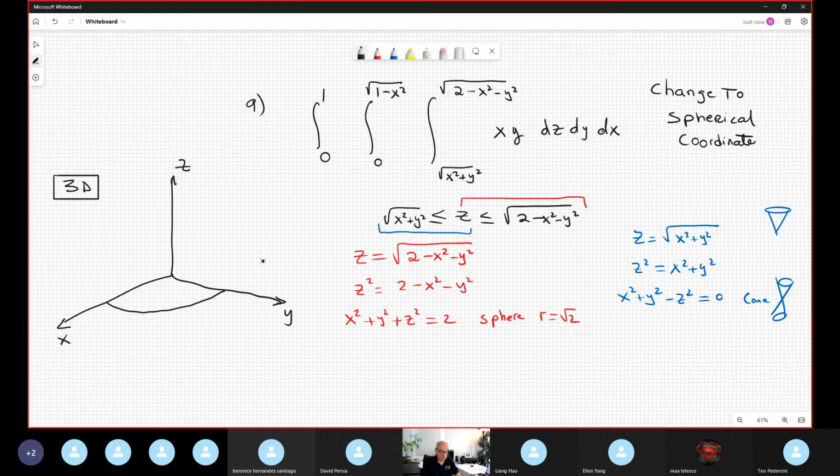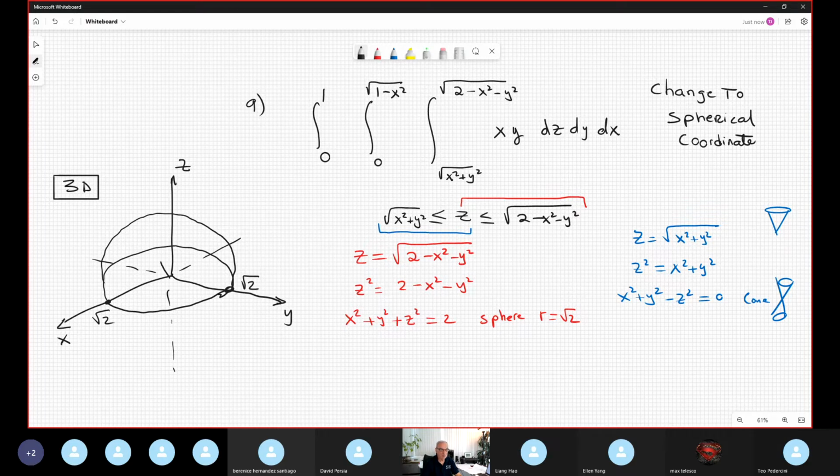Well, no limitation, positive or negative, I don't know. This is a sphere. z positive again. By same reason, no negative part, because I take the positive part. And this radius is square root of 2. Okay. And we have a cone.